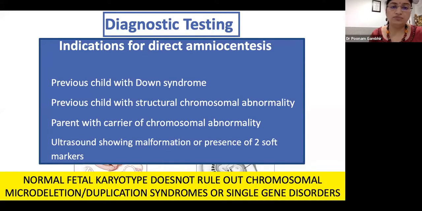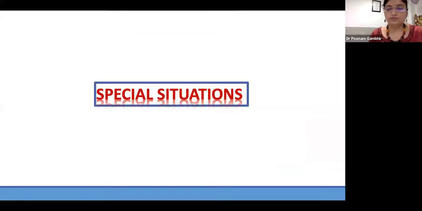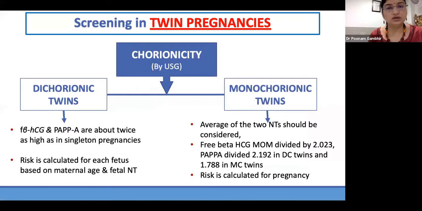Still, the patient should be counseled that a normal fetal karyotype does not rule out chromosomal microdeletions, duplications, or single gene disorders. Accordingly, in the amniotic fluid, karyotype, microarray or a single gene test can be offered depending upon the patient's or the family's history. Now the special situations: screening in twin pregnancy.